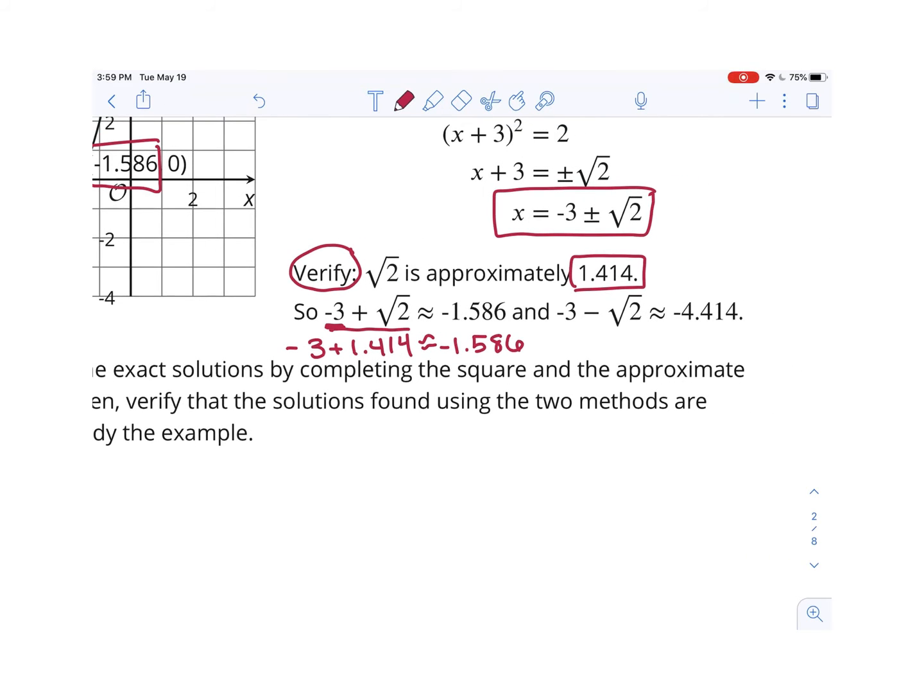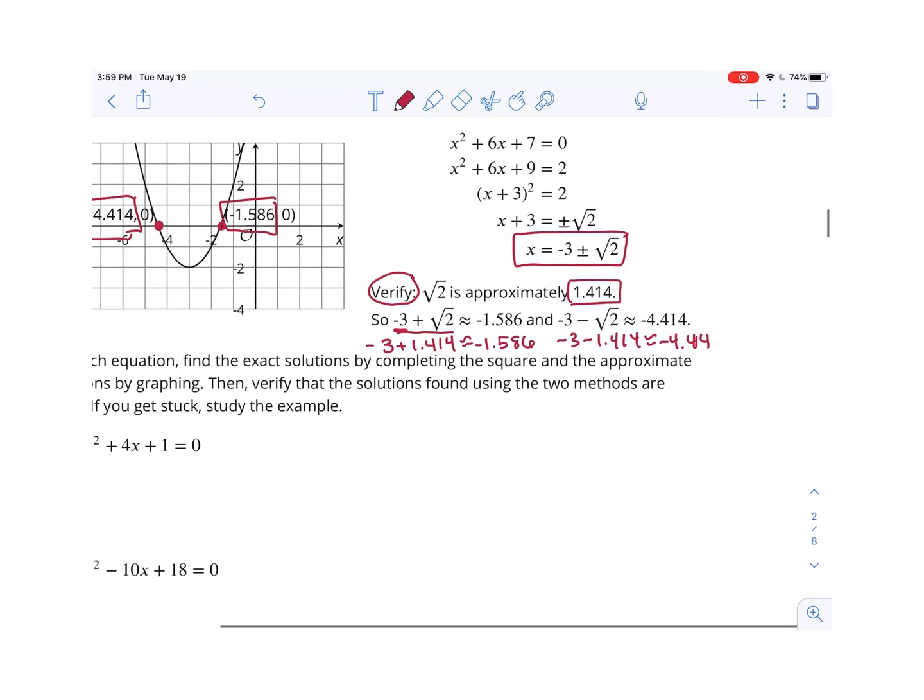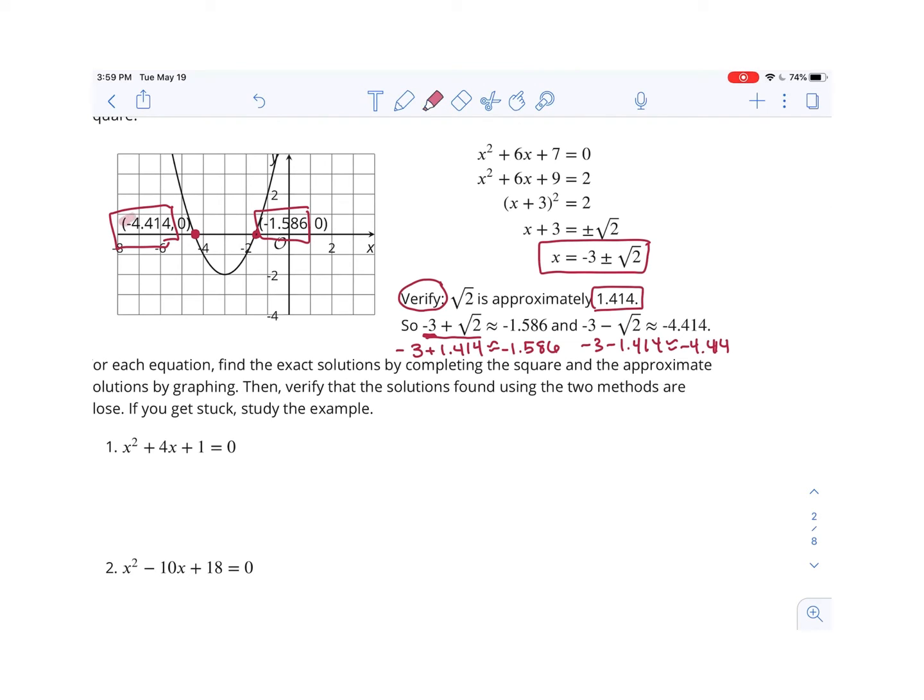And then -3 minus the square root of 2, so -3 minus 1.414, is going to give us about -4.414. And so those would be our approximations. And we can see that those match the solutions on the graph. And so we know that -3 plus or minus the square root of 2 is our exact solution, and that here, these are our approximate solutions.